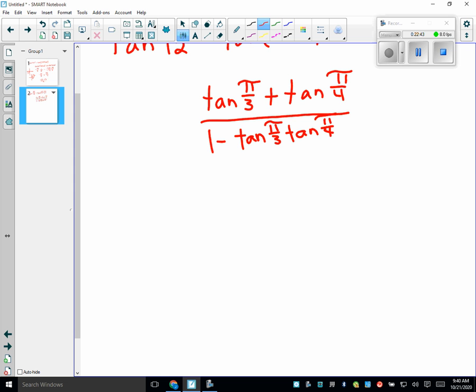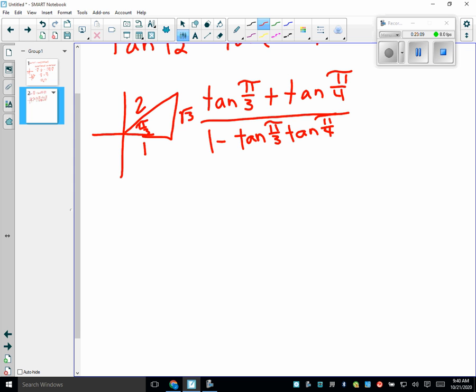We said they're both in quadrant 1, so I'm going to draw them. However, I think you should know one of them. This is pi over 3. What is this side? Radical 3. This would be 1, and that would be 2. So, what's the tangent of pi over 3?